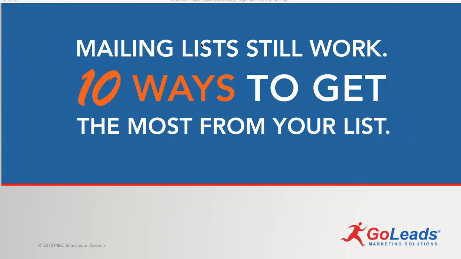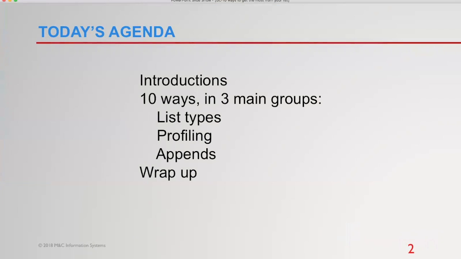We're going to talk about 10 ways to get the most from your lists. This will actually encompass more than just traditional mailing lists, which we sell. We'll go beyond that. We'll run through the introductions, and then I'm going to go through 10 ways, split into 3 main groups. We'll talk about a group of list types and how to use them.